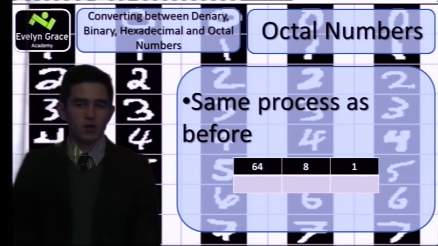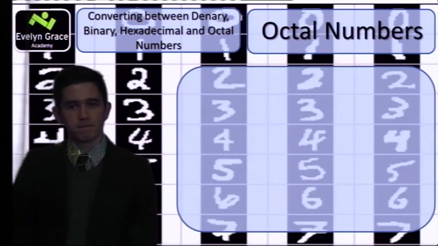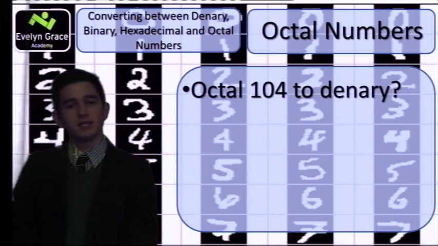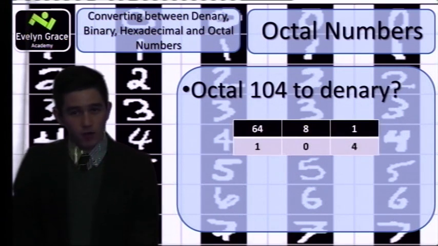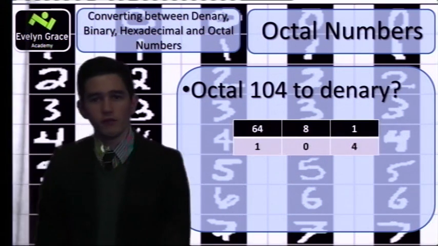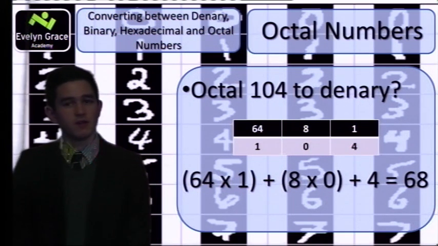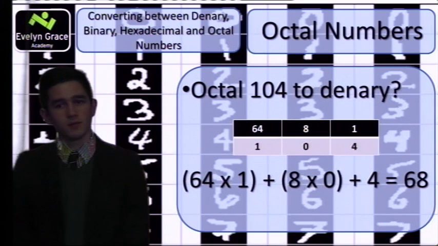So 1 times 8 is 8, 8 times 8 is 64. So what is the octal number 104 in denary? I'll write it in my table, 104, and I've got 1 lot of 64, I've got 0 lots of 8, I've got 4 units. So 64 add 4 will be 68.